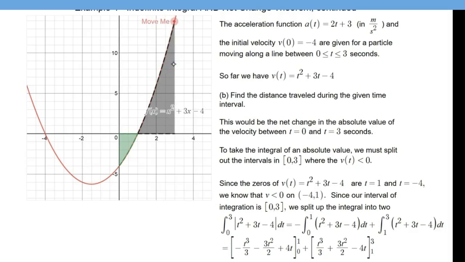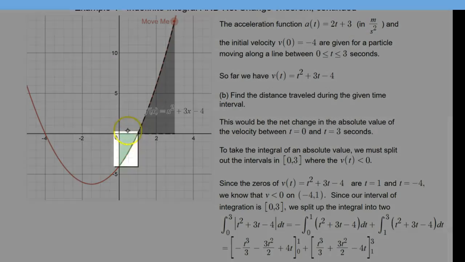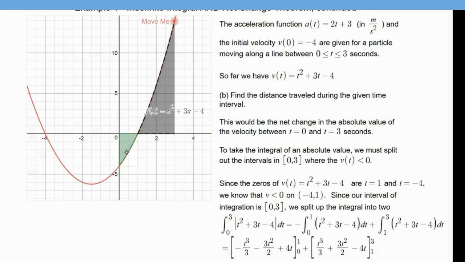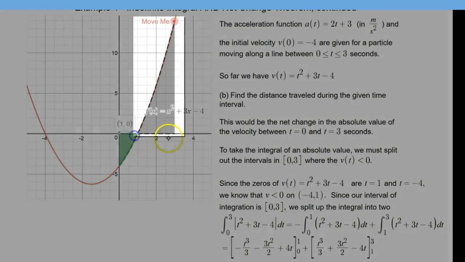So what we need to do, to account for the distance traveled between 0 and 1 second, is find the integral of the negative of this part, and then add that to the definite integral of the area under this part between 1 and 3.